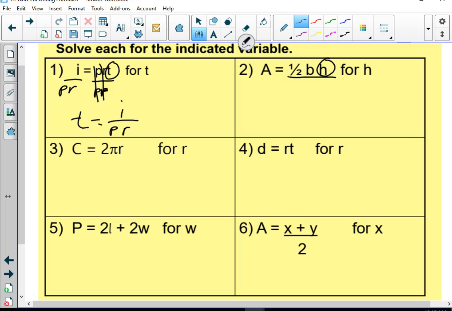Multiply by 2. Very good. Multiply by 2, and that's going to cancel that, which gives me 2a equals b times h. Now how do I get h by itself? Good. Divide by b. H is equal to 2 times the area divided by the base.